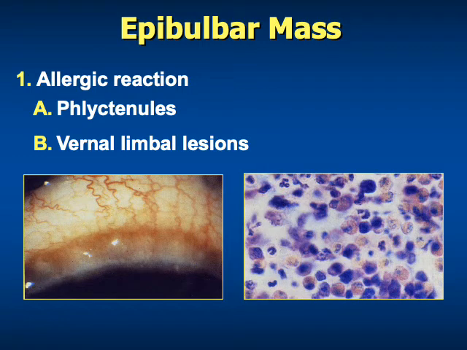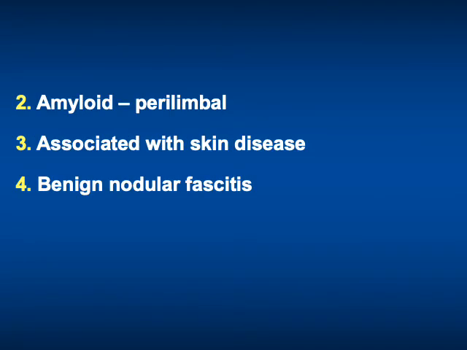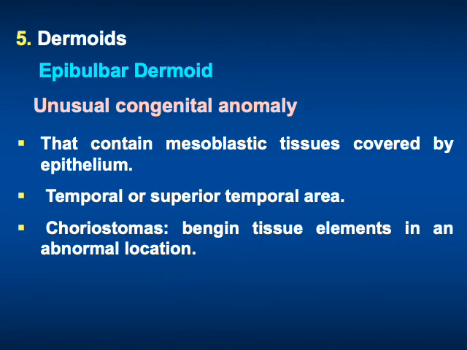To speak about epibulbar masses. Epibulbar masses cover part of the globe, like in allergic reaction, phlyctenules, or vernal limbal lesions, amyloid, perilimbal or associated with skin disease, benign nodular fasciitis, and one which is commonly met in ophthalmology, which is the dermoid.